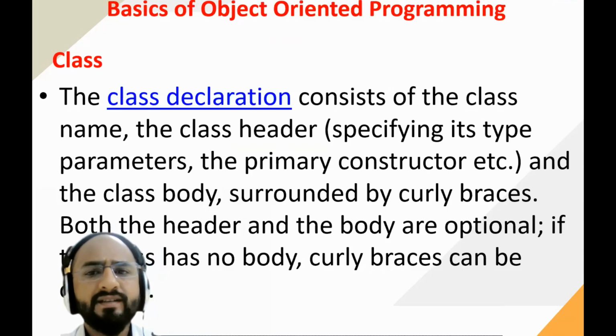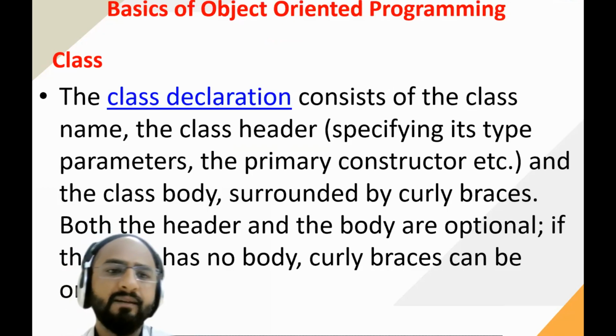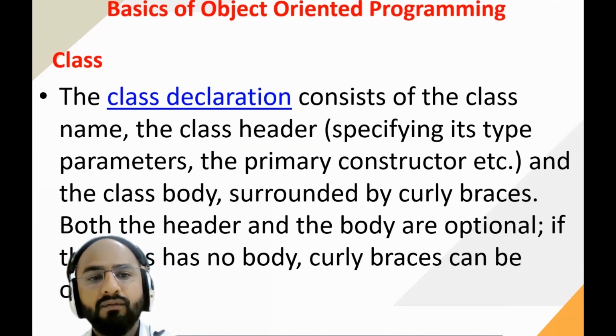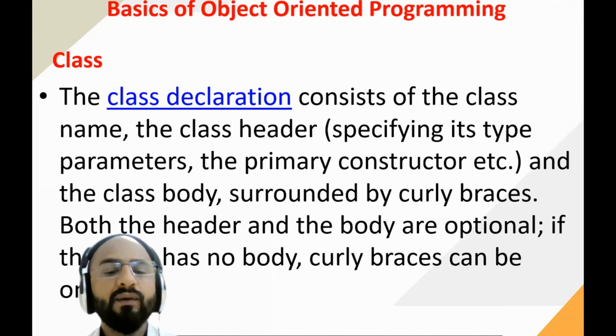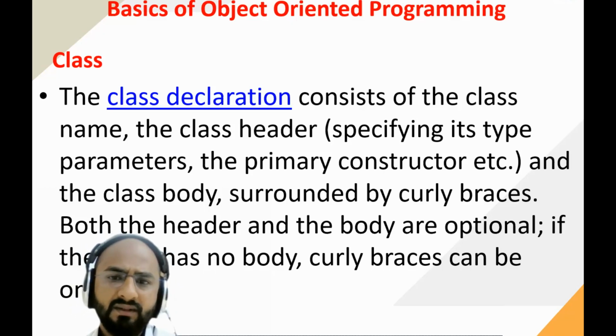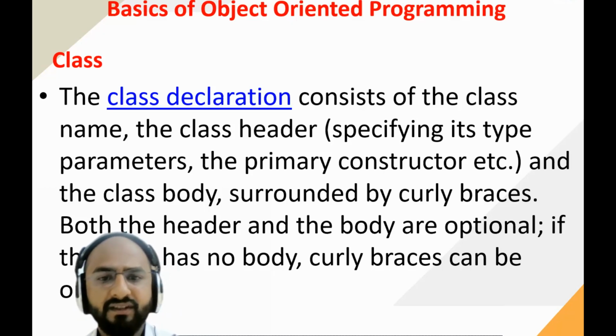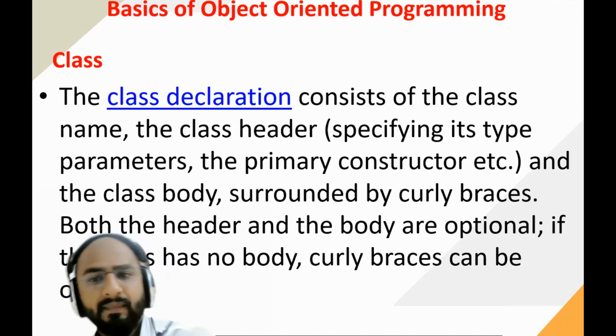Let's discuss some basic points. Basic object-oriented programming, for example, class. So what is a class? A class declaration consists of a class name, a class header, and the class body. When you are creating a class, you can declare a class with a class header.